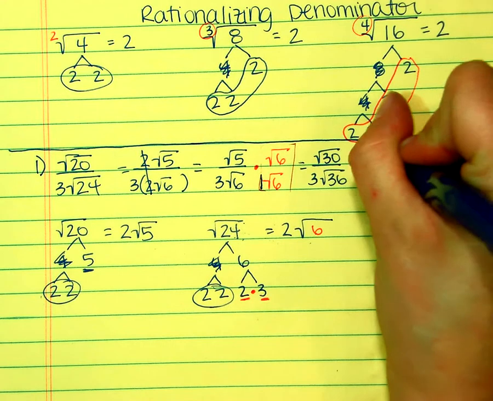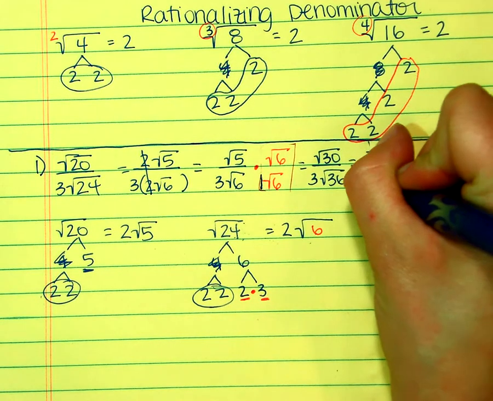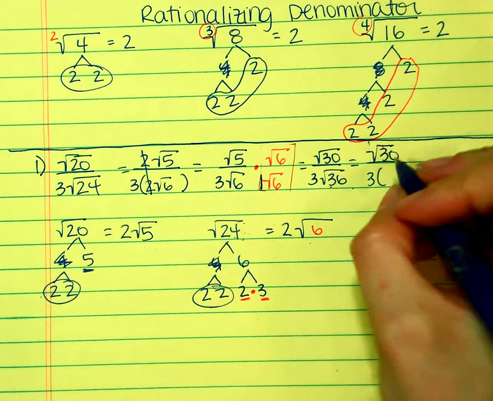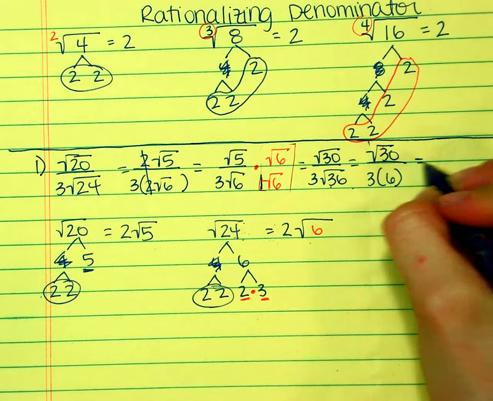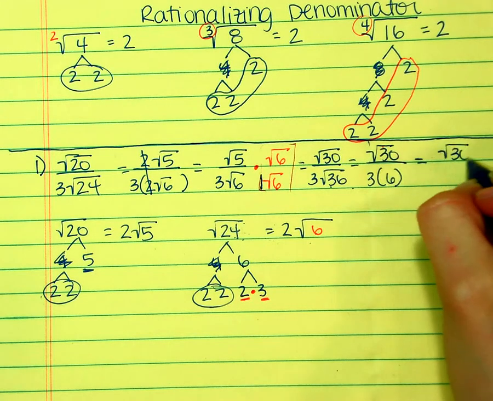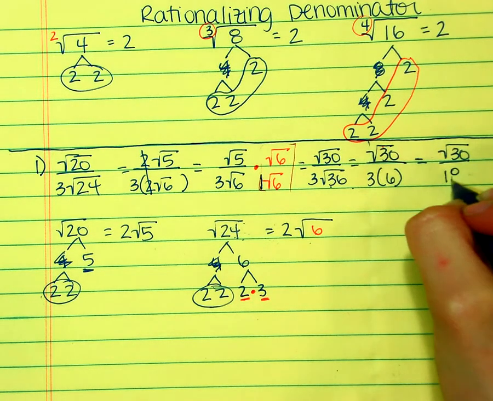So we get square root of 30 over 3 times, the square root of 36 is 6. And now I'm left with square root of 30 over 18.